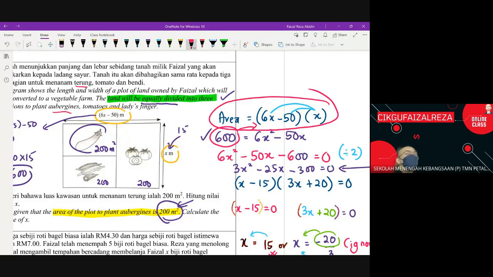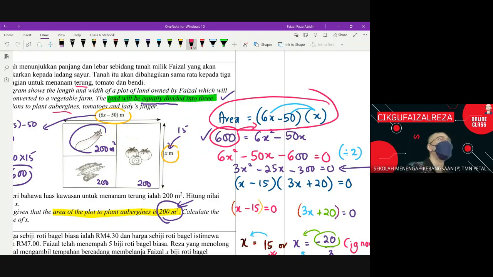This is a PT3 question. And don't be surprised if it comes out in SPM, because remember that your SPM will consist of Form 1, Form 2, Form 3, Form 4, Form 5.